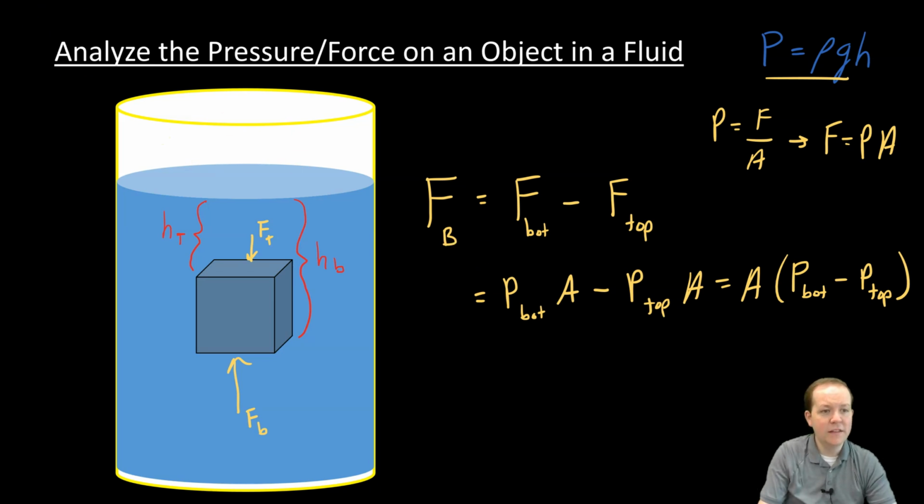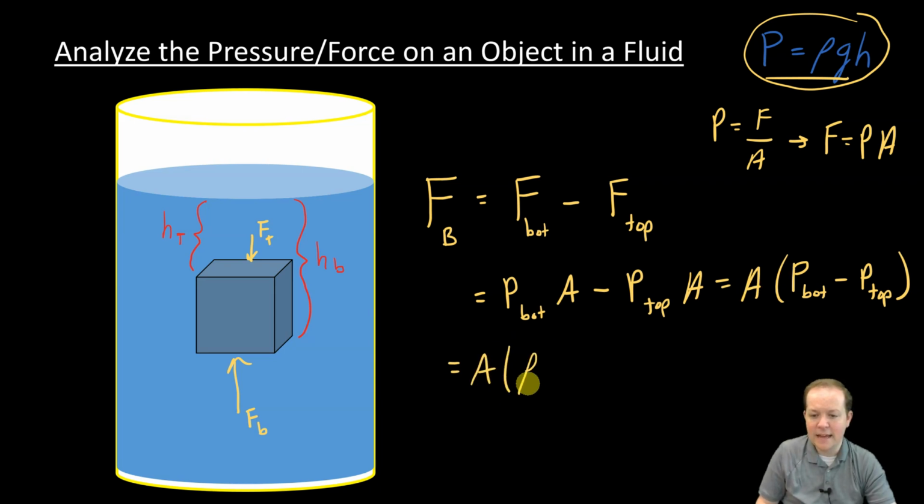Well, let's go one step further, everybody. I'm going to jump over here to keep on writing, but pressure is the density of the fluid times g times h. So I still have that A, multiplied by the density times g times h.